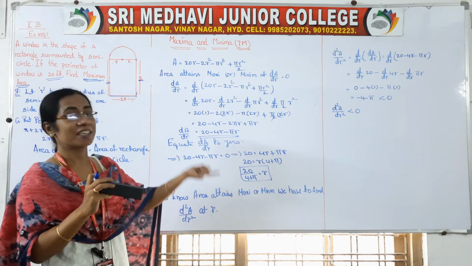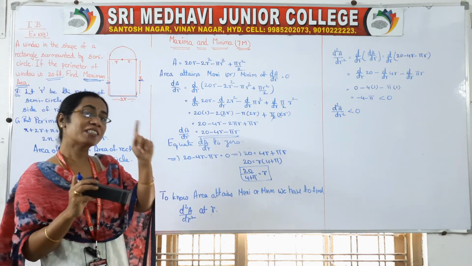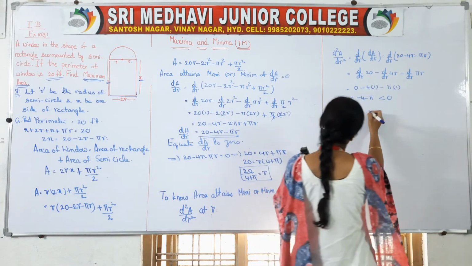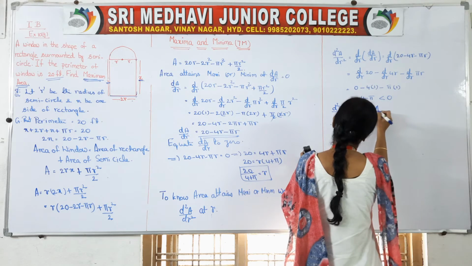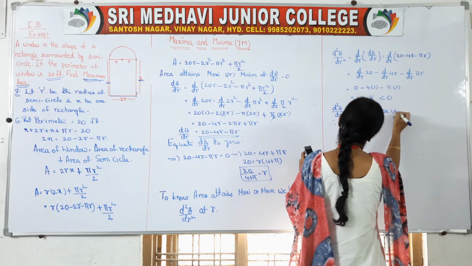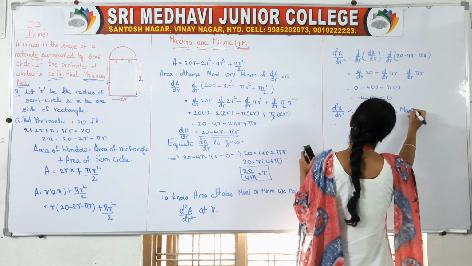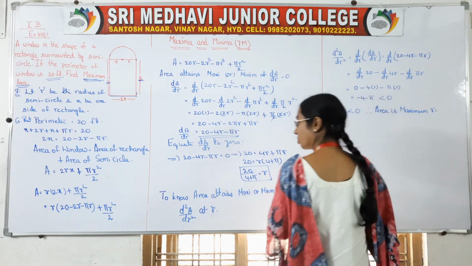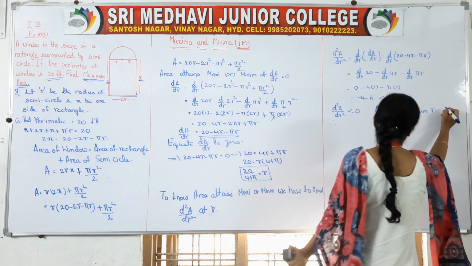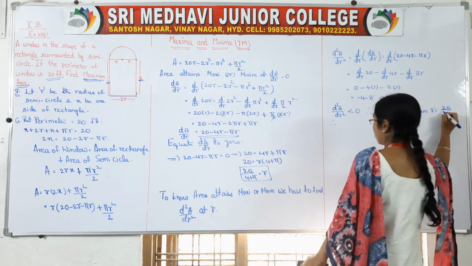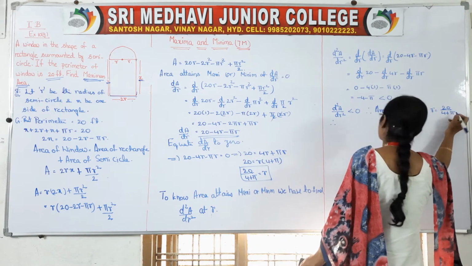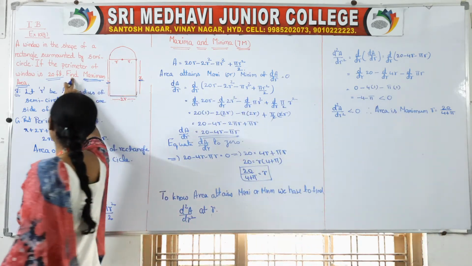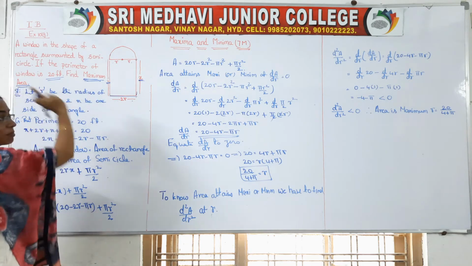If the second derivative is negative, the area attains maximum. So therefore, the area is maximum at r equal to 20 by 4 plus pi. The question is, find the maximum area.